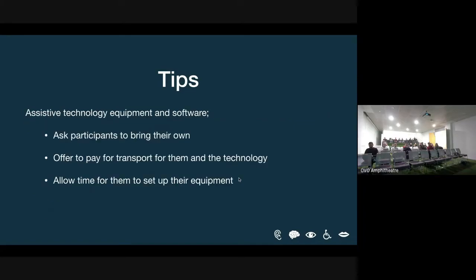Assistive technology. So often people have their technology set up specifically for them. They're using a combination of different tools, and it's all been refined perfectly for what they need. So offer to say that they can bring their stuff in. However, some of it can be quite cumbersome.